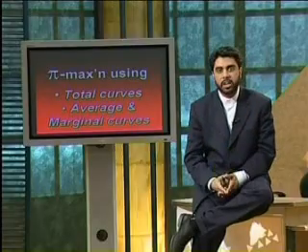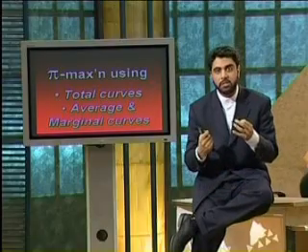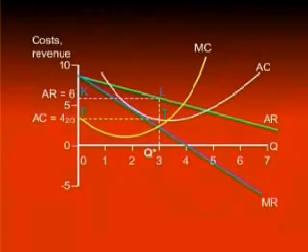Let's go back to our slide to see what the size of this maximized profit will be. Now, in order to understand what the size of the profit will be, we need to draw the average revenue and the average cost curves on the graph that we have already drawn.